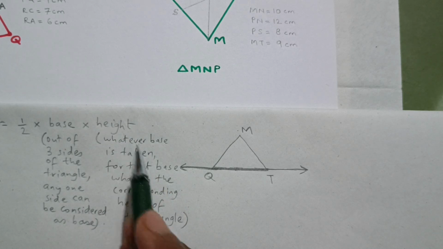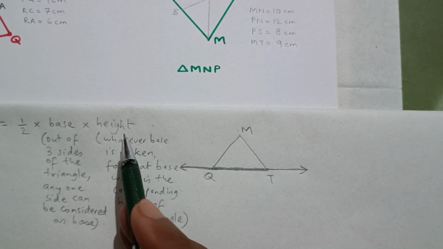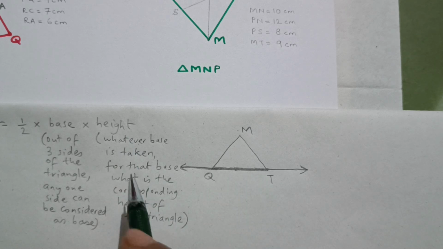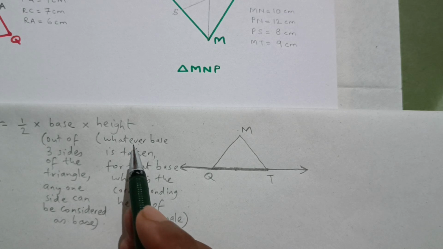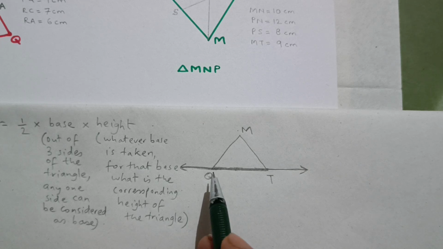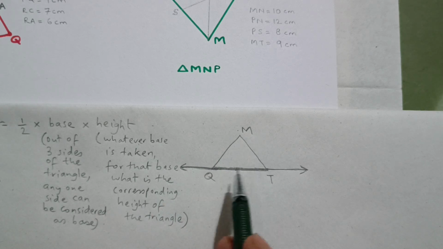So what is the corresponding height for the base QT? So height is, whatever base is taken, for that base, what is the corresponding height of the triangle. So what is the base? The base is side QT. So for side QT, what is the corresponding height of this triangle?